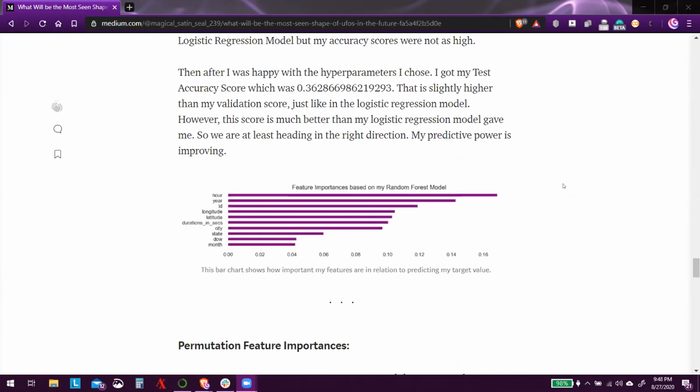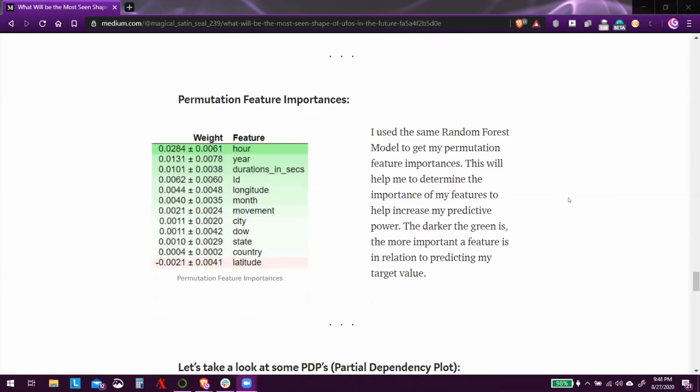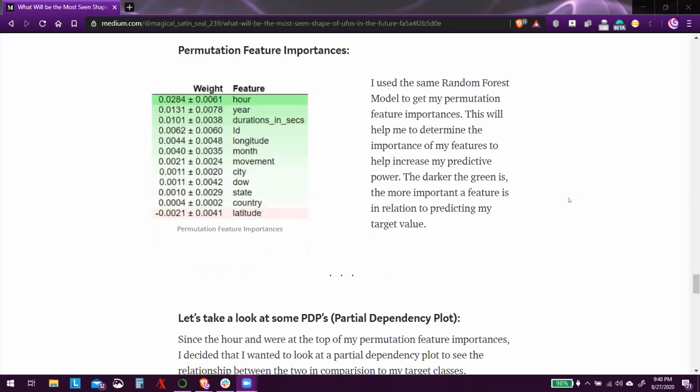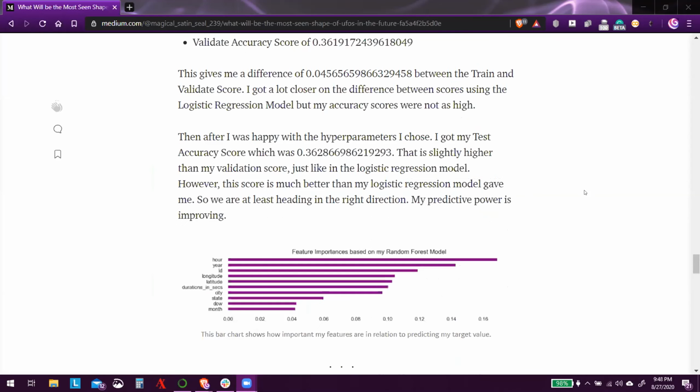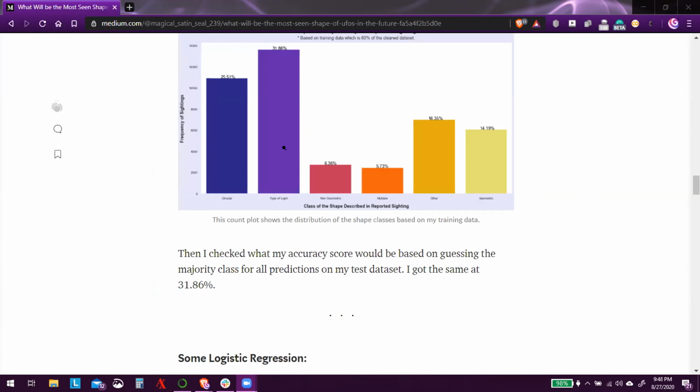As far as feature importance, or I also did permutation, well, yeah, feature importance. Yeah, exactly. Which one was most? Okay, so it looks like hour was the highest weighted feature. Okay, that's interesting. Which was rather surprising to me, actually. I didn't expect that to be the most important feature, but then again, after doing some thinking on it, it kind of made sense to me, because the highest target feature was actually a type of light, so that would make sense.